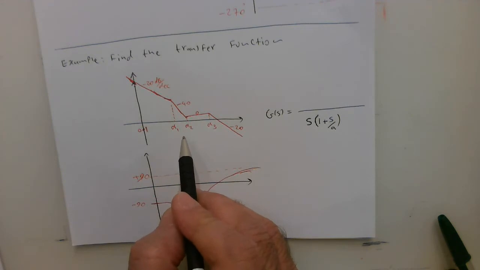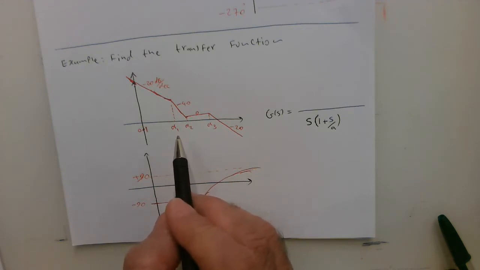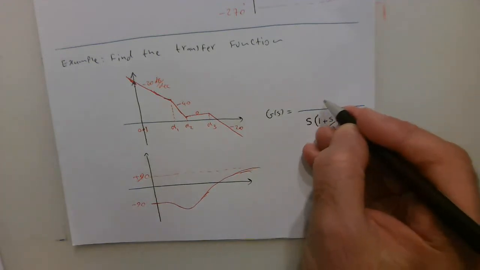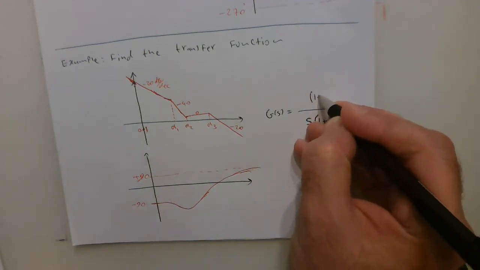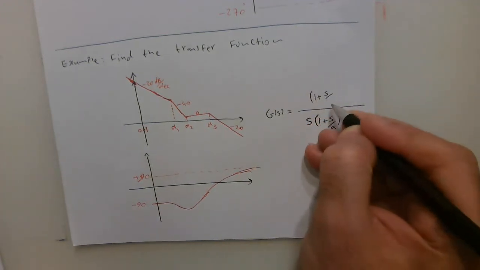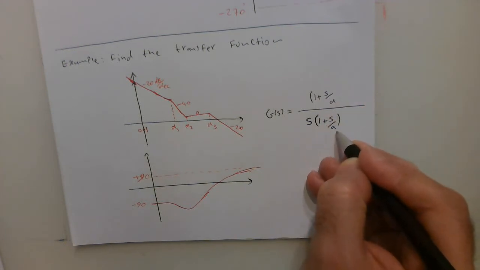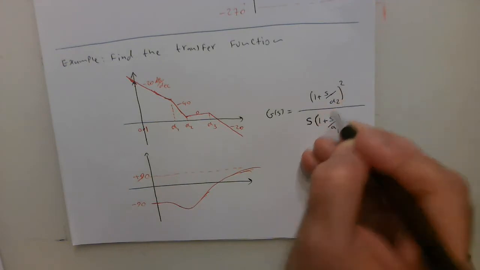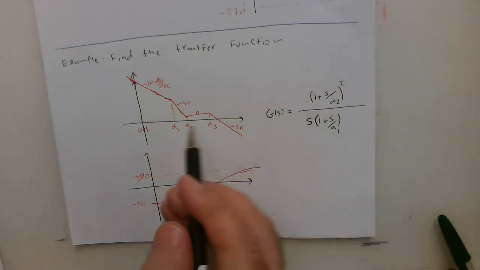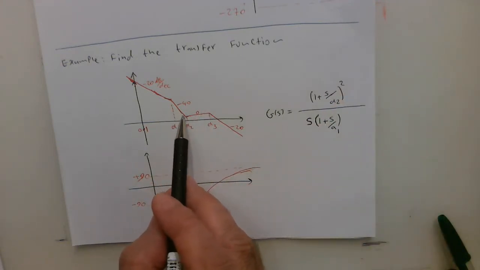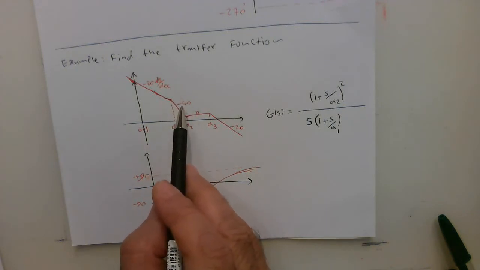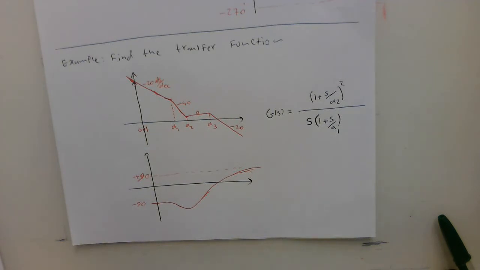These two zeros could be complex or real. If we go for real zeros, it would be 1 plus s over a2. By the way, this one was a1. This one is a2 squared. So we should have the power 2 because the increase in the slope is plus 40, since it changes from minus 40 to 0. We should have two zeros.